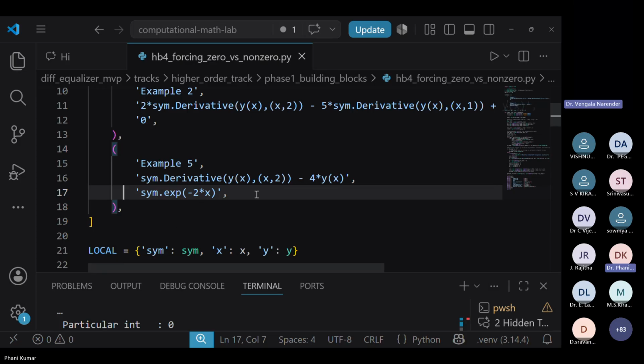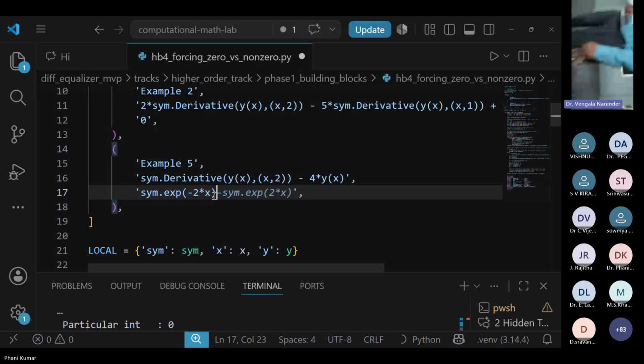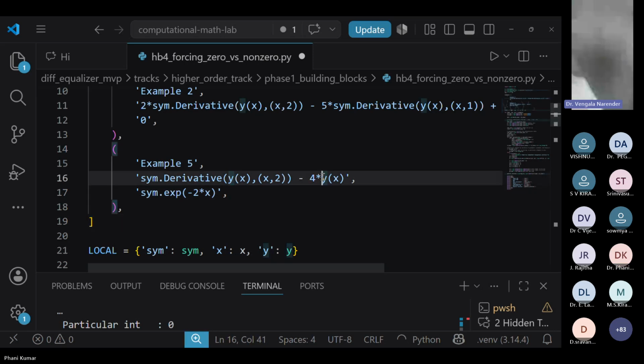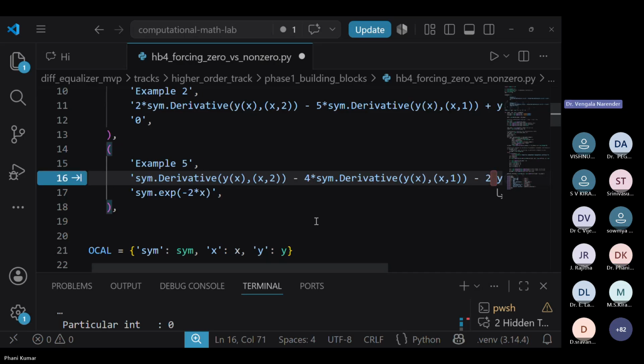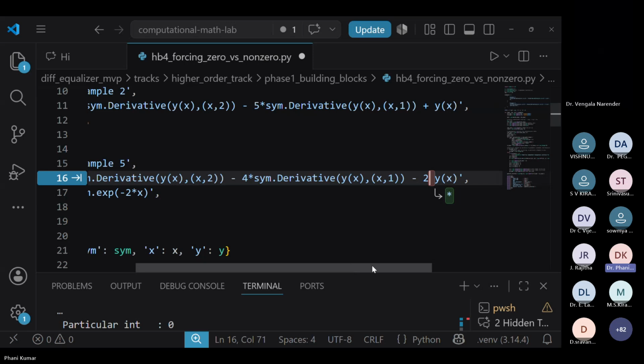So that means I am taking the right hand side function, the second derivative of y of x, comma, minus, the first derivative of y of x, minus 2y, equal to tan x, not e power minus 2x, it is tan x.